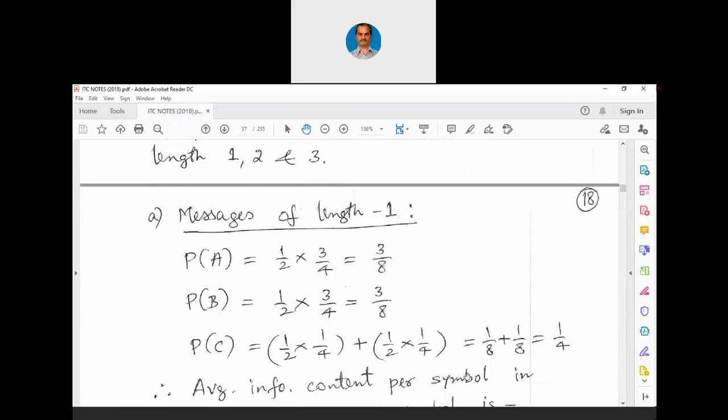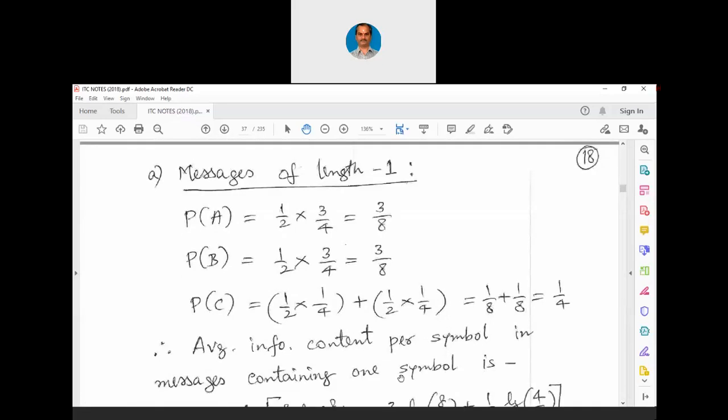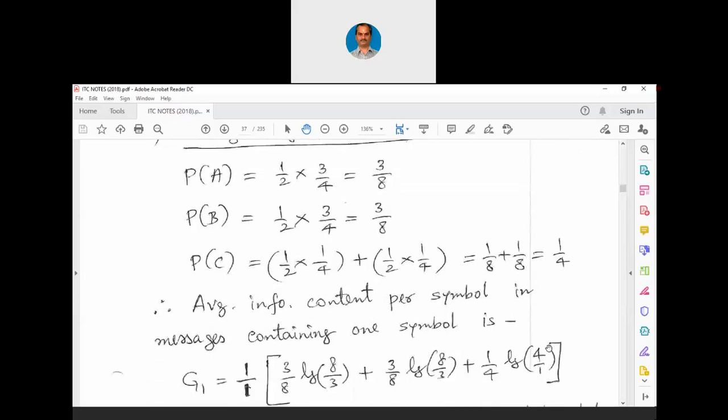So the average information content per symbol, that is G1. Now G1 can be computed. Average information content per symbol in messages containing one symbol is G1. You remember that formula, 1 over n and summation of all that. Please remember that formula Gn.